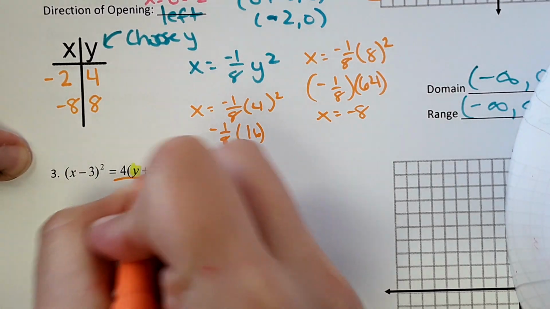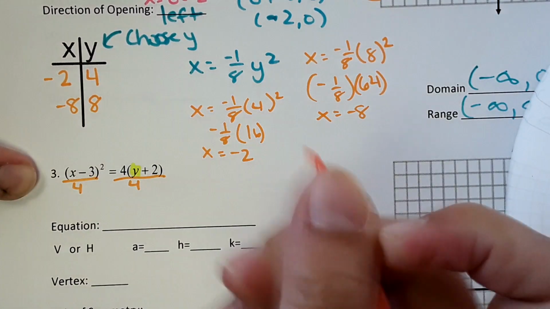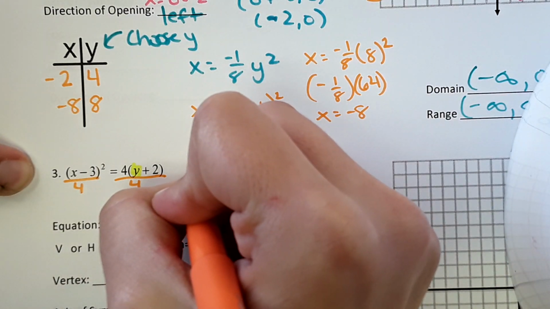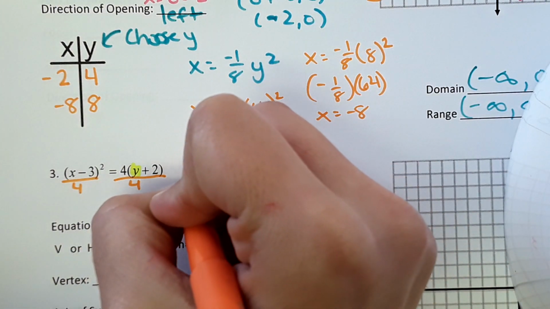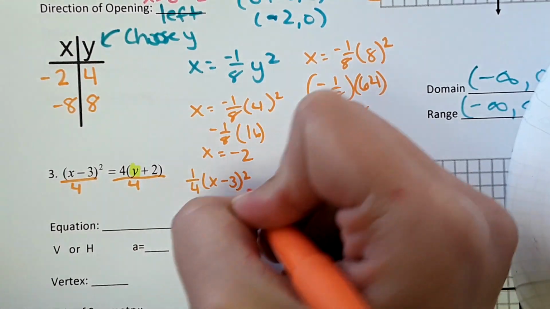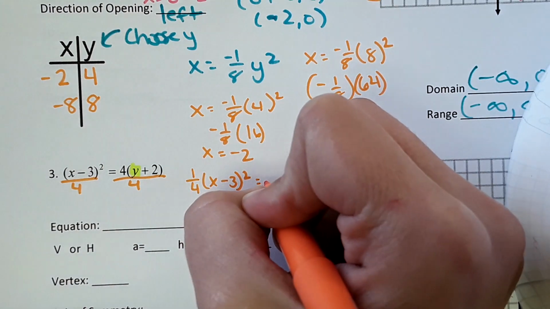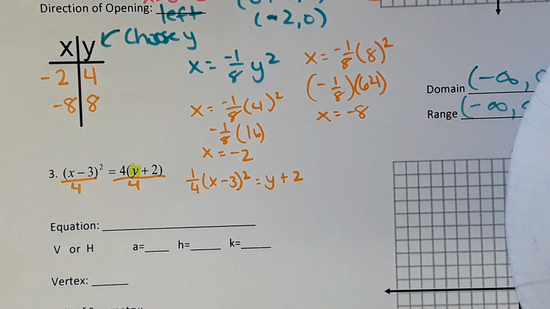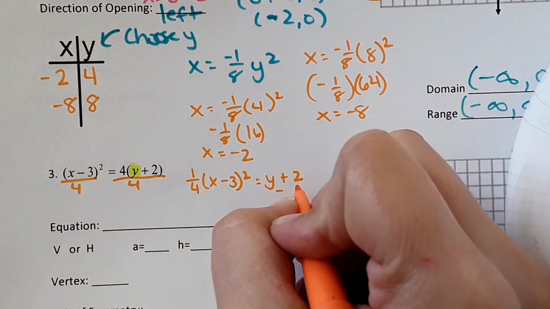So first step, divide by 4 on both sides, and then subtract 2 from both sides.